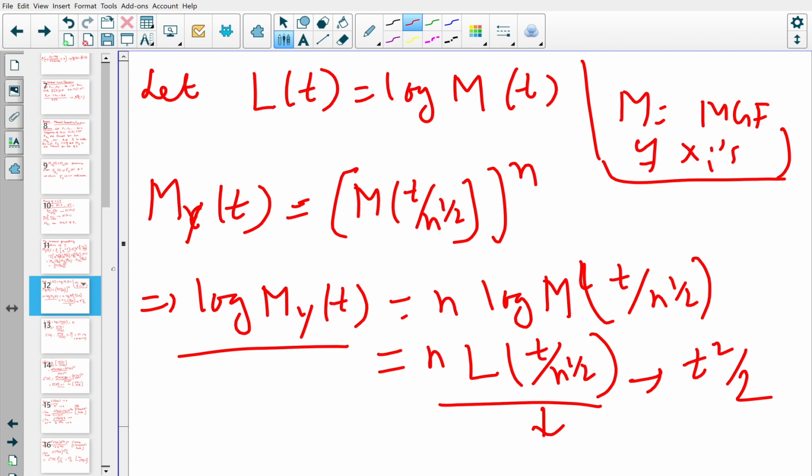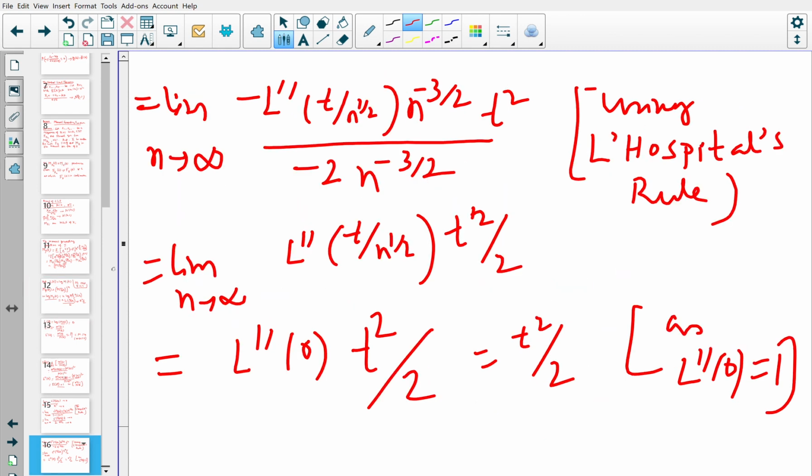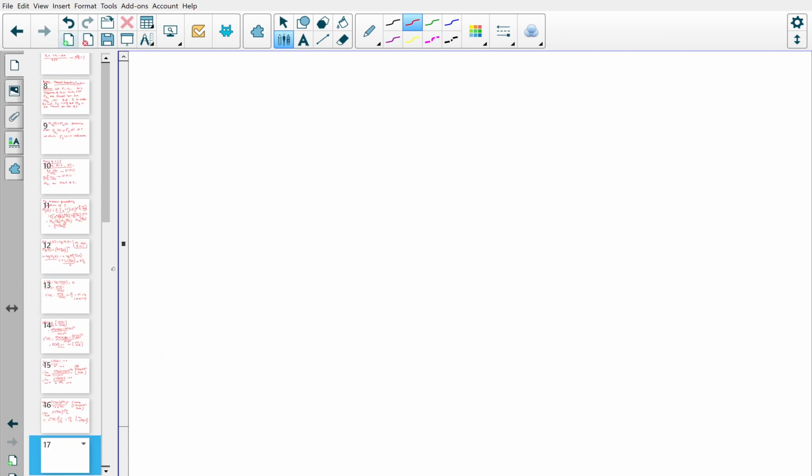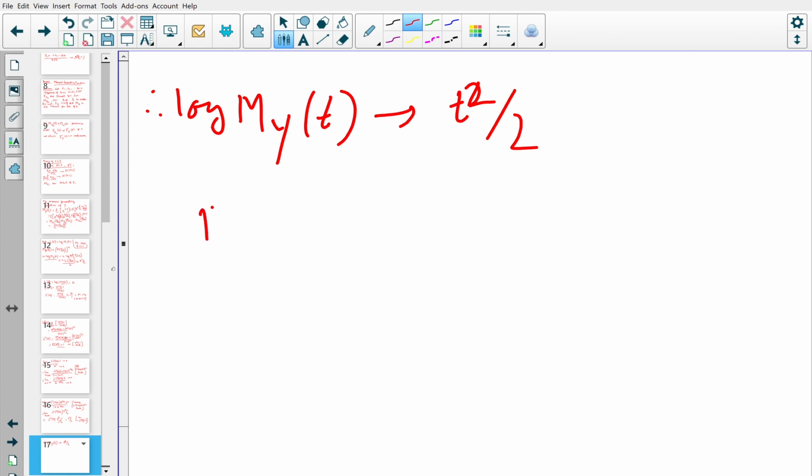So now we know that the logarithm of M_Y(t) tends to t square by 2, and hence M_Y(t) tends to e power t square by 2, right?